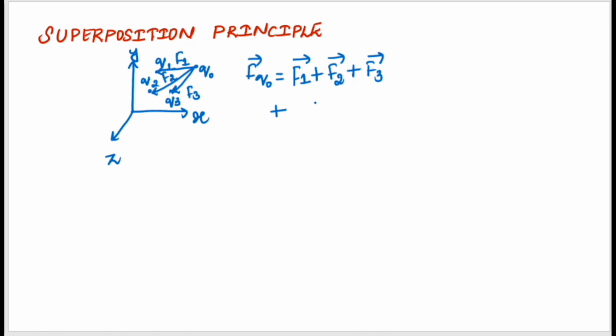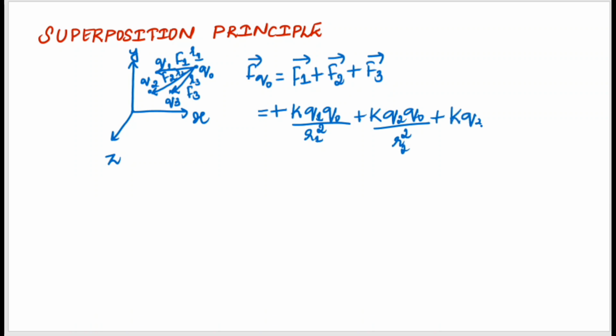On simplification, I can write the value of the force. Force is equal to 1 divided by 4 pi epsilon naught, q1 q2 divided by the distance between them. If I consider the distance between q1 and q0 to be r1, the next distance to be r2, and the third distance to be r3, then, instead of 1 divided by 4 pi epsilon naught, I am considering k. So the force is k into q1 q0 divided by r1 square, plus k into q2 q0 divided by r2 square, plus k into q3 q0 divided by r3 square.